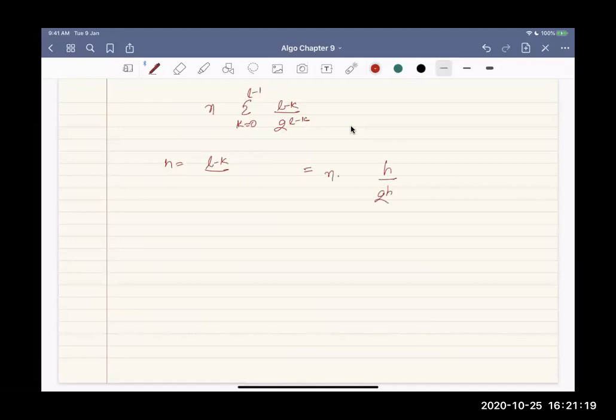When k is equal to 0, h becomes L, and when k is equal to L minus 1, h becomes 1. So h goes from 1 to L, right?